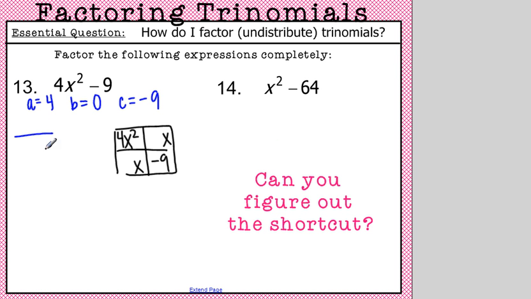Now I'm going to go ahead and make my t-chart. 4 times negative 9, AC goes on the top, and that gets me negative 36. So I'm looking for things that multiply to give me negative 36. So I have like 1 and negative 36, and I have like negative 1 and positive 36, 2 and 18.